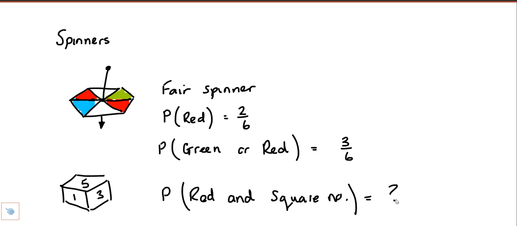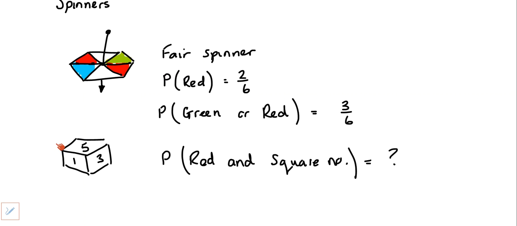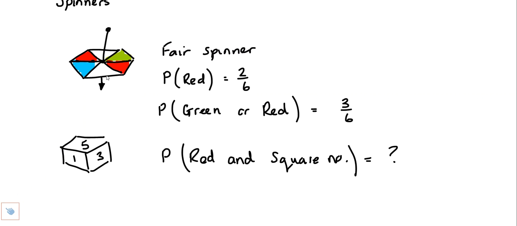So whatever method you want to use now, you use it. You could do a sample space, you could do a tree diagram, or you could just use your knowledge of the fractions of things. Up to you. Right. So again, fair spinner, fair die.